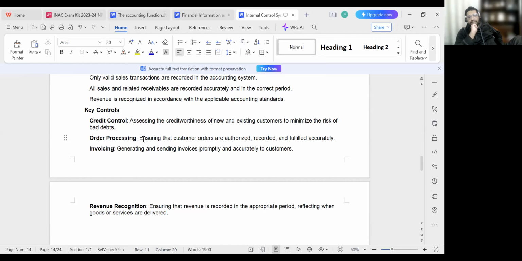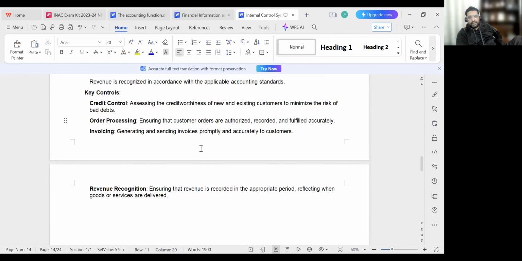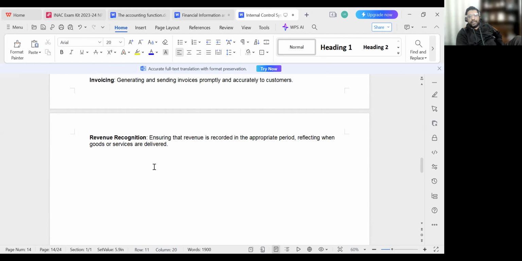Order processing: ensuring that customers' orders are authorized, recorded, and fulfilled accurately. You don't want to make any mistake in that. Invoicing: you generate and send invoices promptly and accurately to customers. Then revenue recognition: ensuring that revenue is recorded in the appropriate period, reflecting when goods and services are delivered.